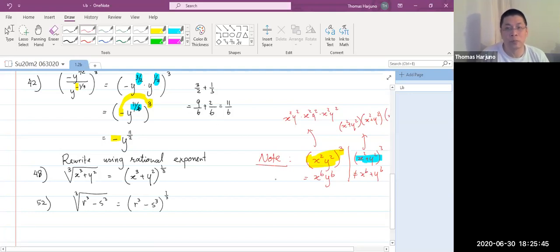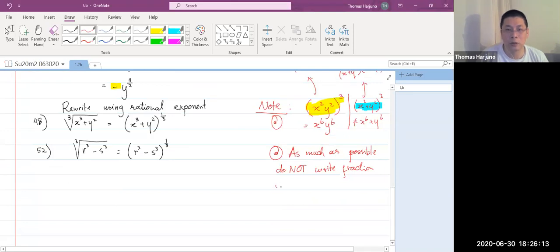Another note: as much as possible, do not write fractions using that slash notation. Avoid that.